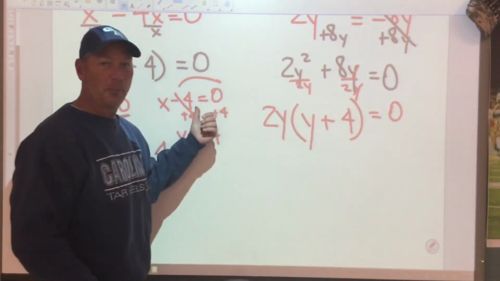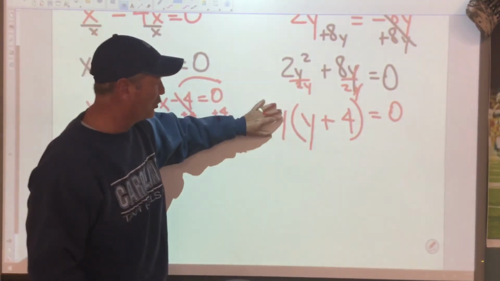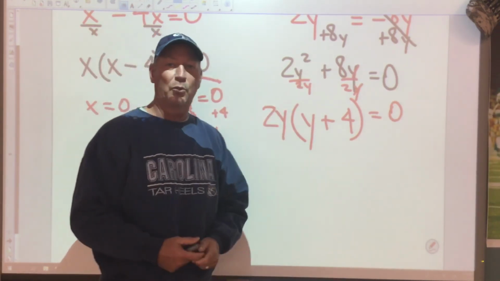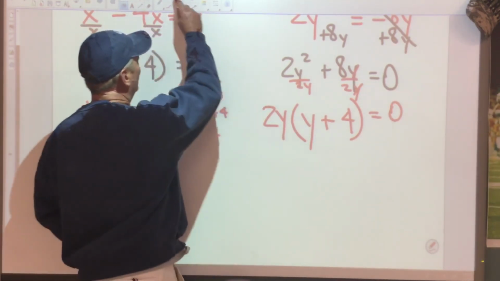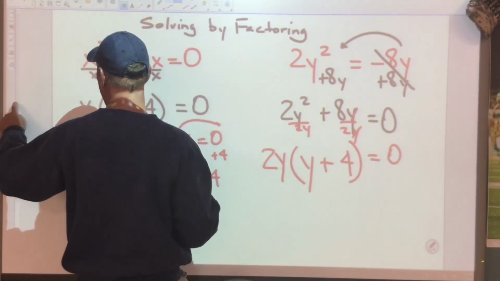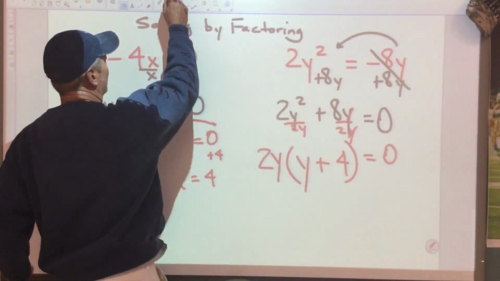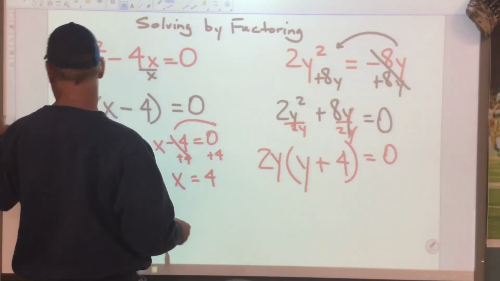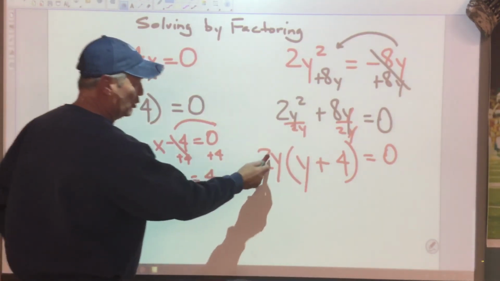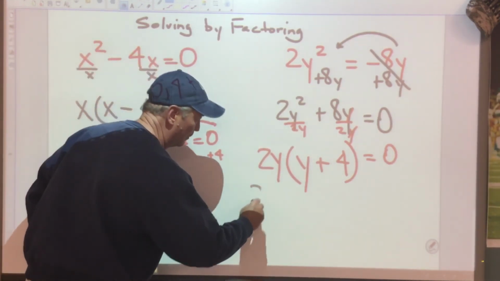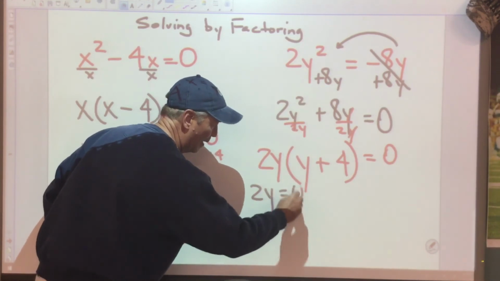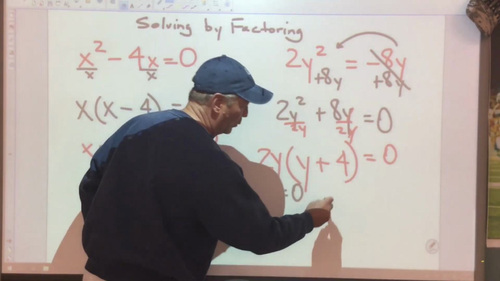Then, just like in the previous problem, I'm going to ask you to set each factor equal to 0. I would ask you to put the 2y equal to 0 and the y plus 4 equal to 0.